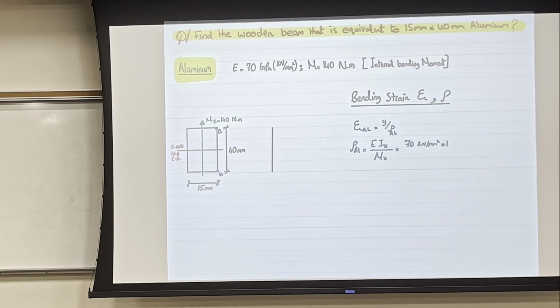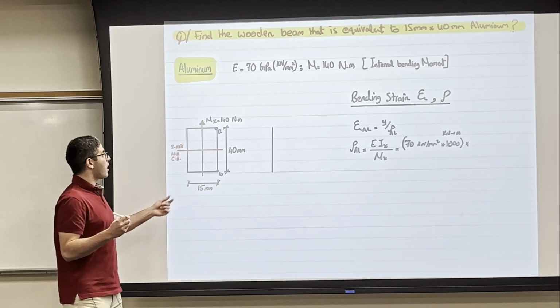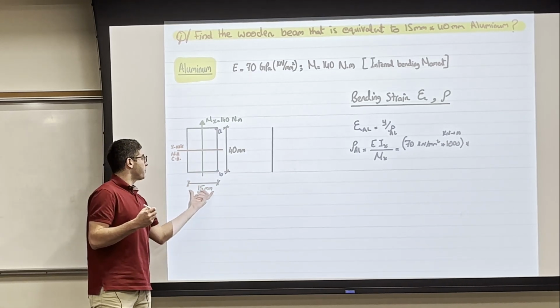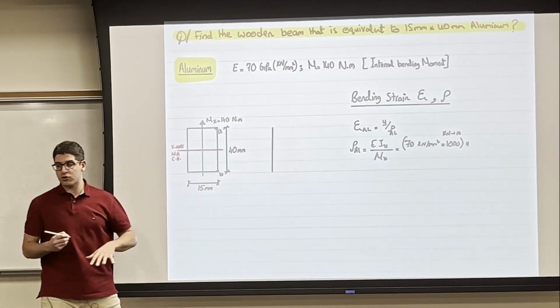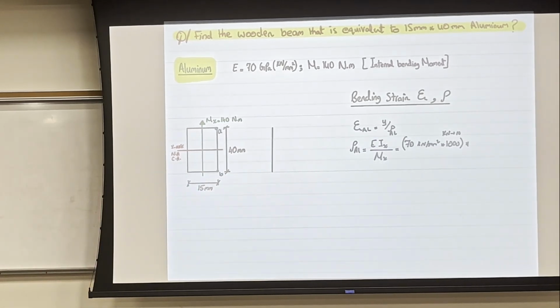I'm going to multiply this by 1,000 to convert the kilonewton to newton. So that's the first term. And then the moment of inertia for this cross section, I sub x, is base times height cube over 12, which is 15 times 40 cube over 12.